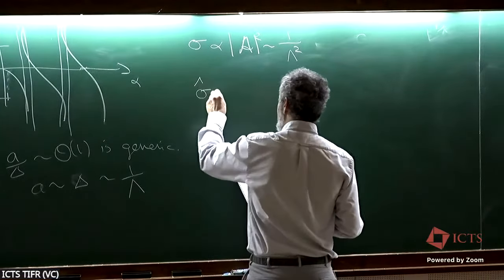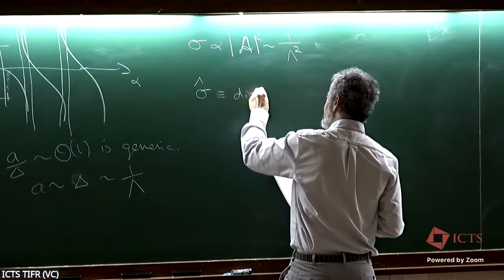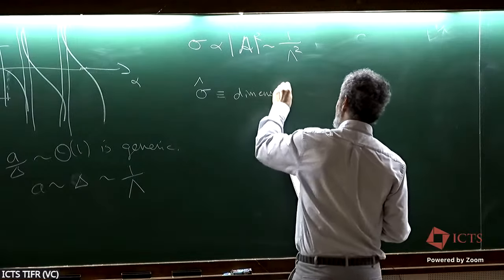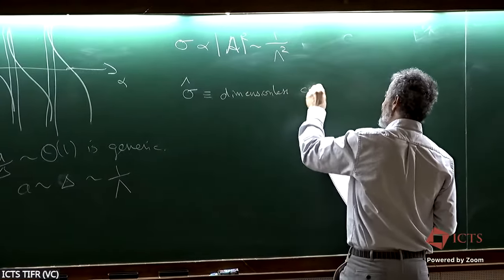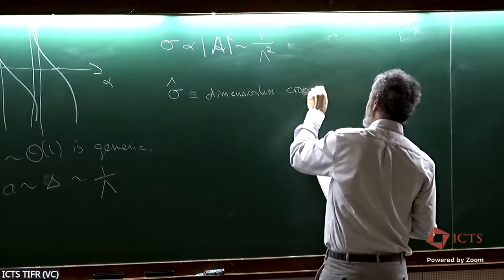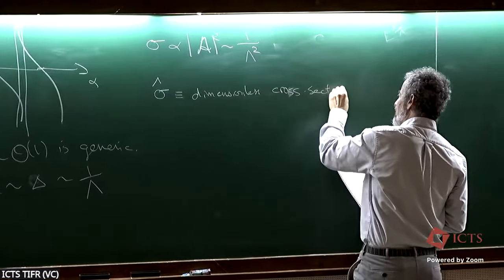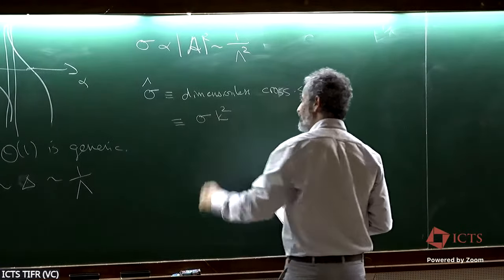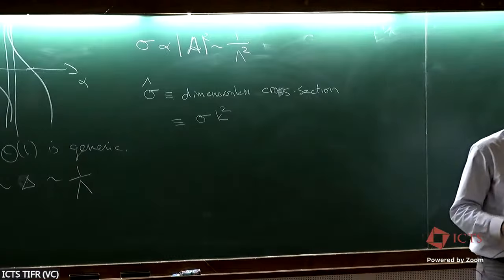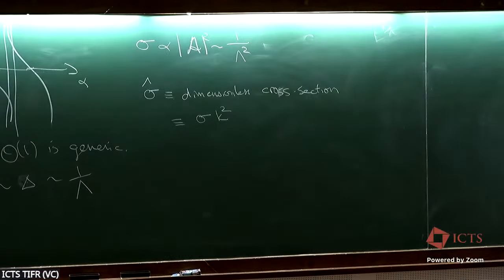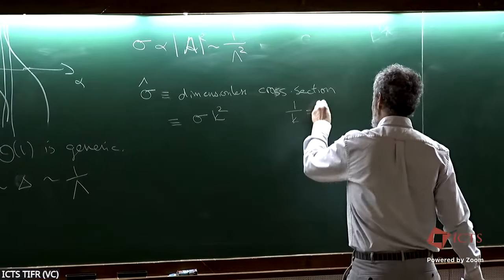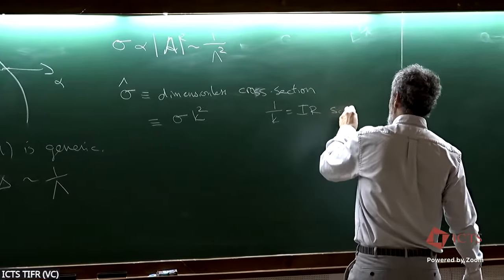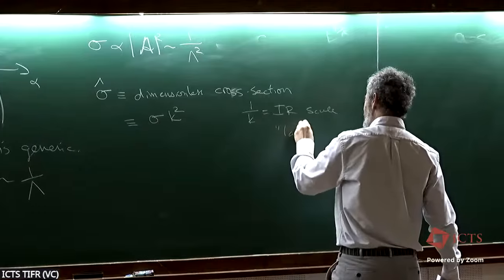Well, we can define a dimensionless cross section by writing it as sigma k squared, where k inverse is the wavelength of the experiment we're working at. So this is the IR scale, which is the lab scale. We're doing an experiment.